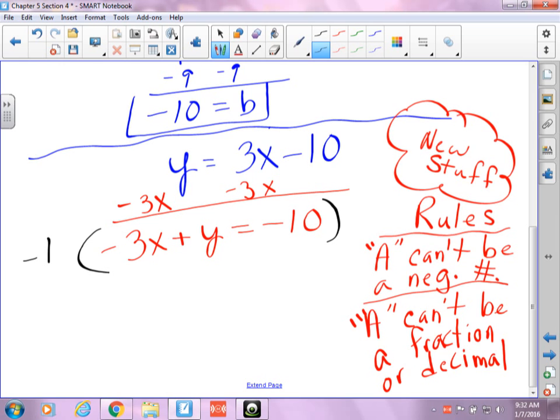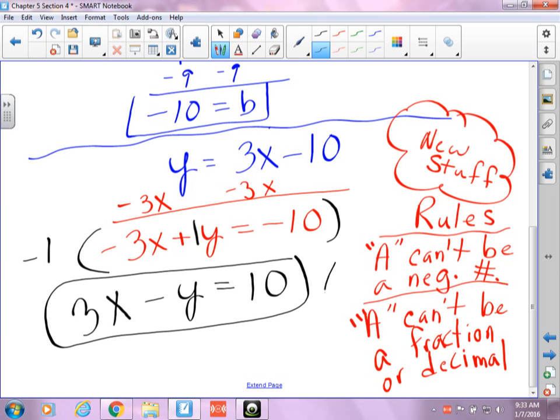So -1 times -3x is 3x. -1 times the 1 in front of the y becomes -y, equals -1 times -10, which is 10. That's my answer, because A, my 3, is not negative and it's not a fraction or a decimal.